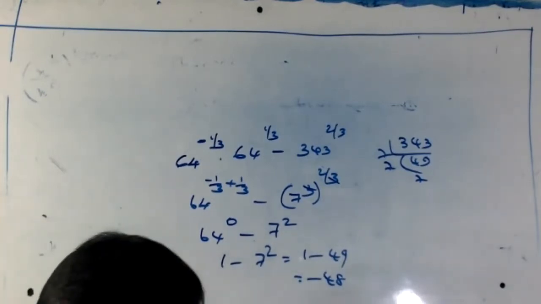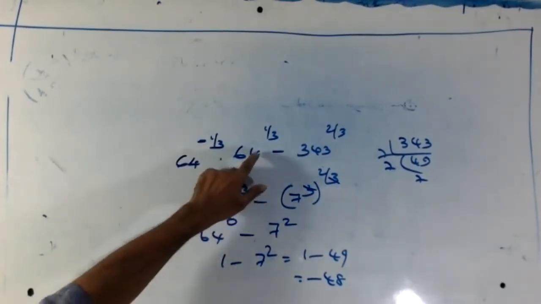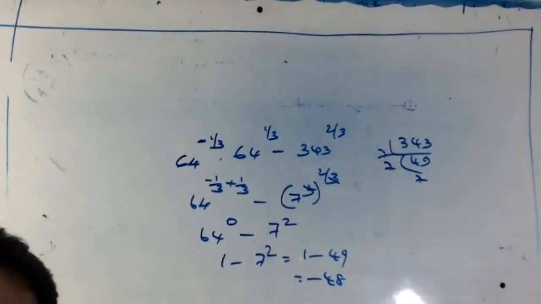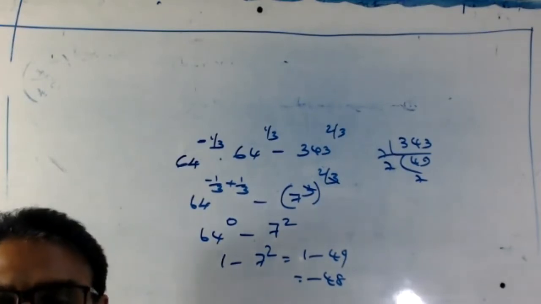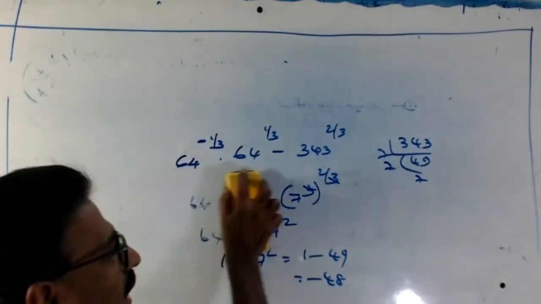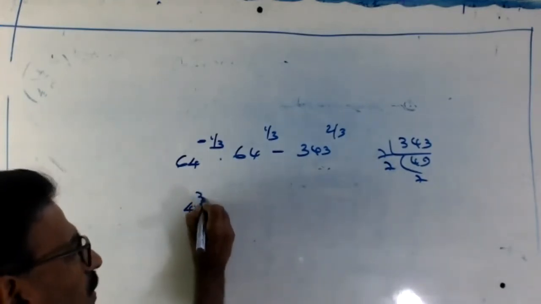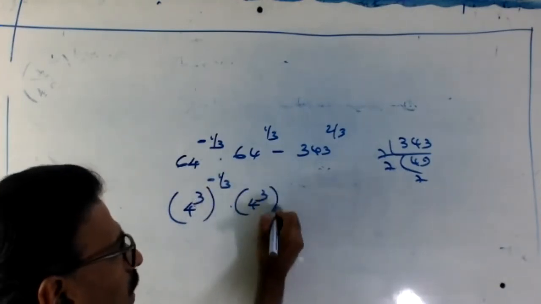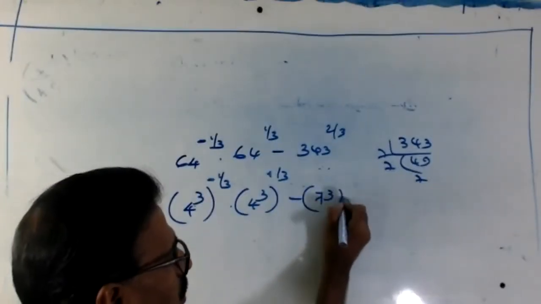Okay, now listen, you got the answer. Maybe you did 4 cube raised to minus 1 by 3, 4 cube raised to 1 by 3. That's also no problem. Maybe you are trying this method: 4 cube whole raised to minus 1 by 3 into 4 cube raised to 1 by 3 minus 7 cube raised to 2 by 3.